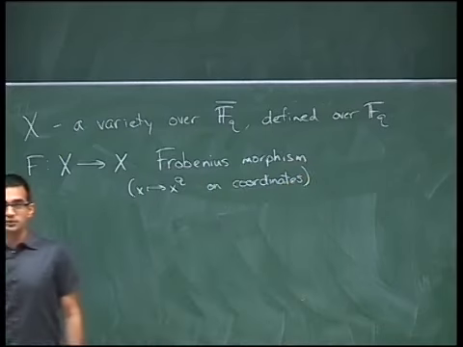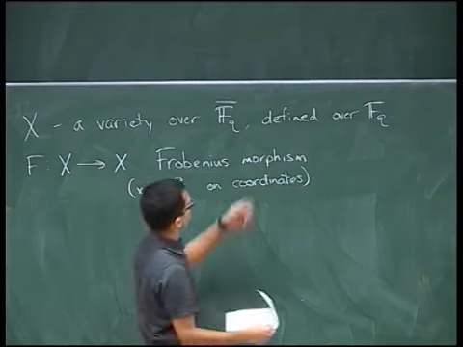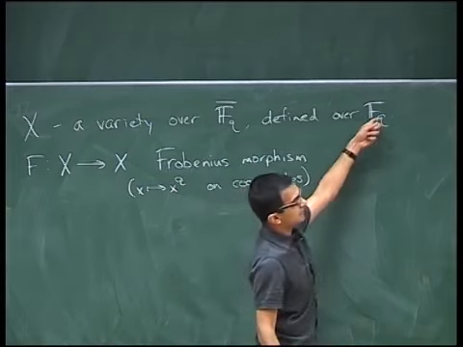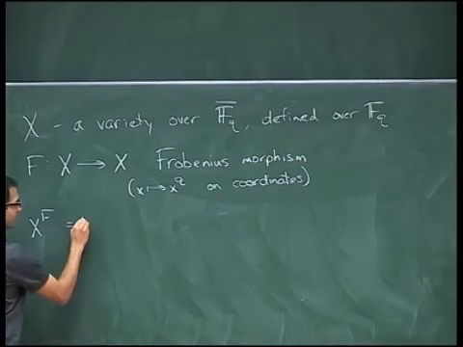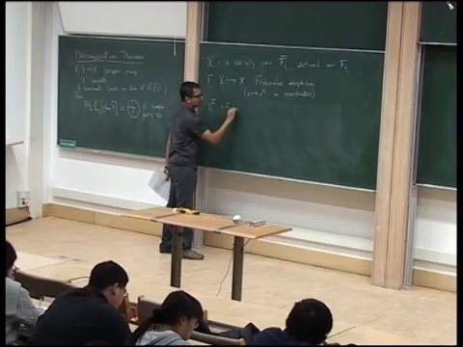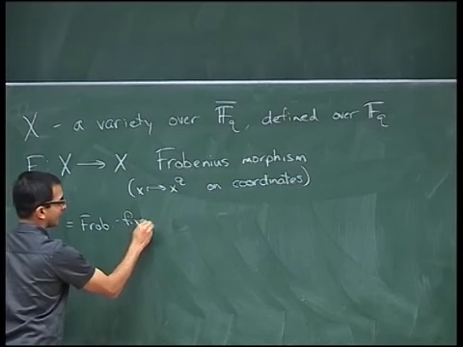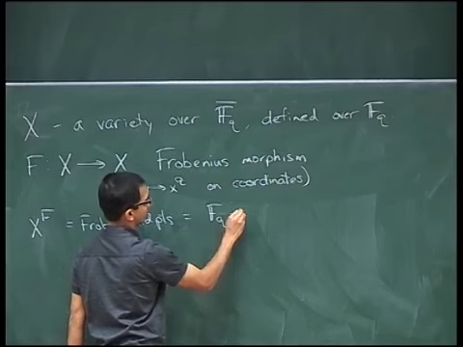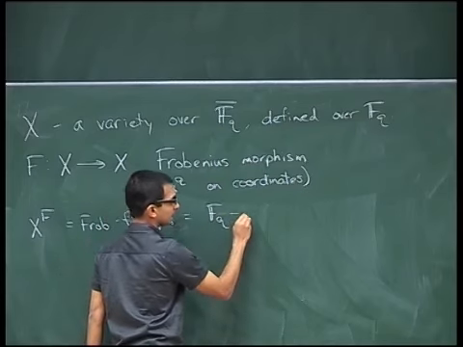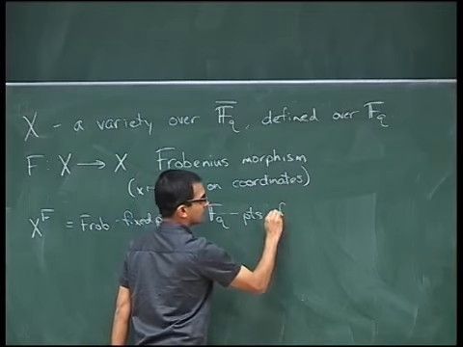On the algebraic closure of F_q, when you raise things to the q-th power, the points that are fixed by that map are exactly the points of the finite field. So X^F is going to mean the Frobenius fixed points, and that's exactly the points of this variety that are defined over F_q. So the F_q points of X.